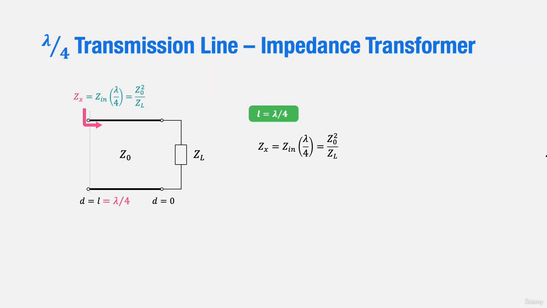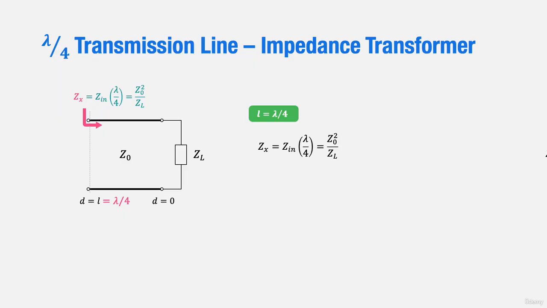The input impedance of a load ZL connected to a quarter-wave line is Z0 squared over ZL, which implies that if we need to convert a real value impedance ZL to another real value impedance ZX via a line, a quarter-wave line can accomplish this task.